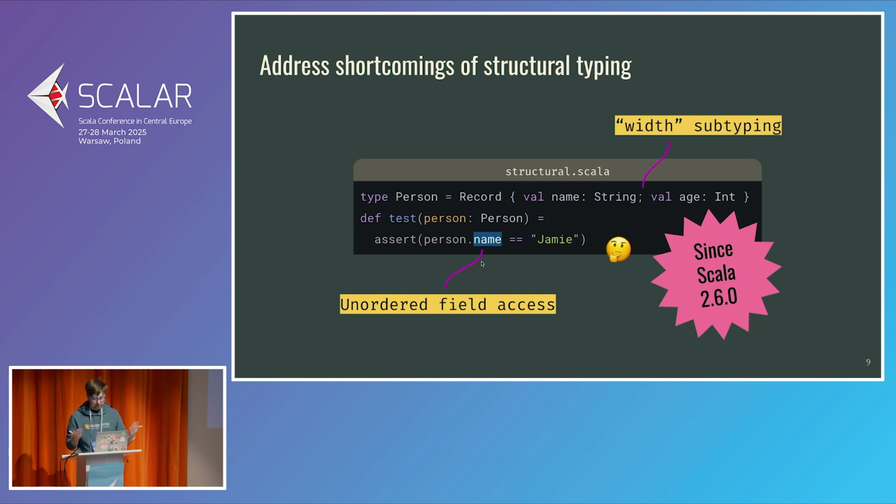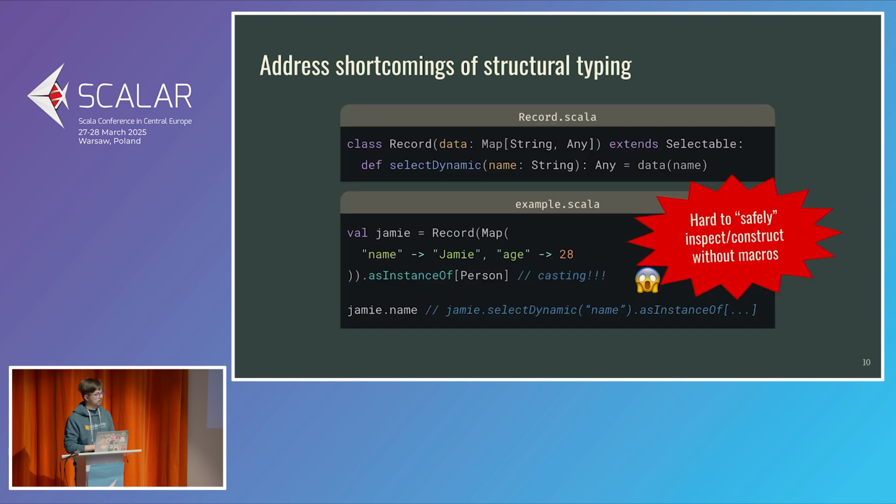But because there's no predefined order of how these appear in the type, there's no way to programmatically, deterministically say, I know which location in memory the name will be, so it ends up basically needing to be dynamic access. So here's how you define normal old structural types. You extend the Selectable trait, and you define a selectDynamic method, which takes a string.